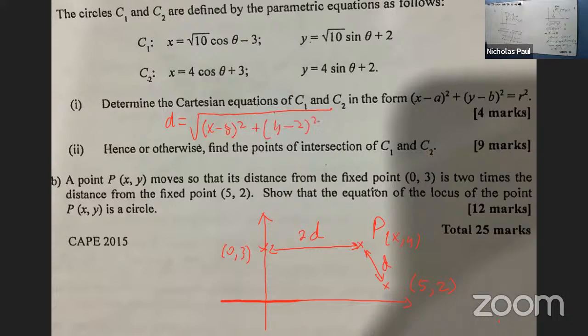And what is 2D? 2D is the square root of x minus 0 squared plus y minus 3 squared. Right. You know how we like to square both sides? You can do it. You have to square the 2 as well. Okay? Don't forget to square the 2. Work it out. Let's see what we got.